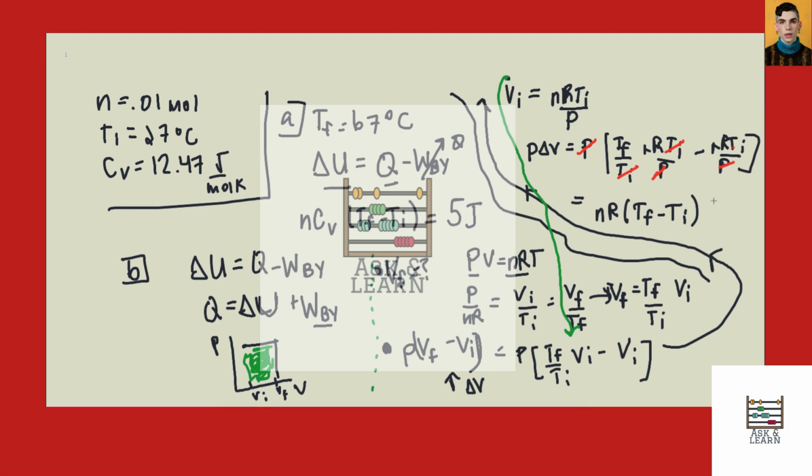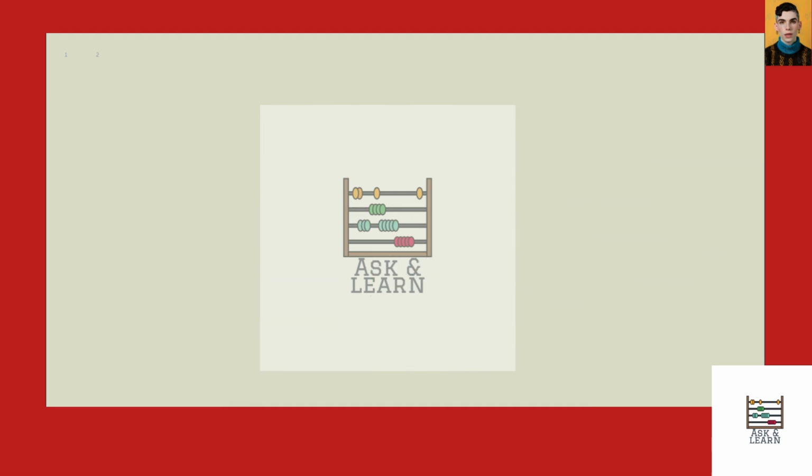And so, to summarize, I'll do this summary on the next page: the work is equal to 2 n C_V delta T, and we already found this in the last problem, which was 5 joules. At least that's what I calculated. So you get that the work is 10 joules.